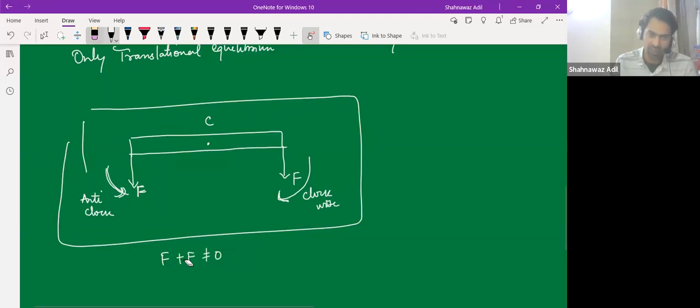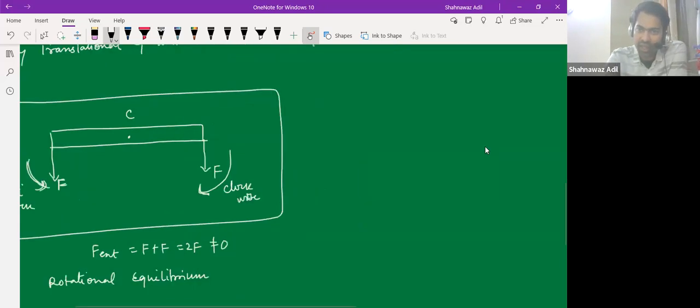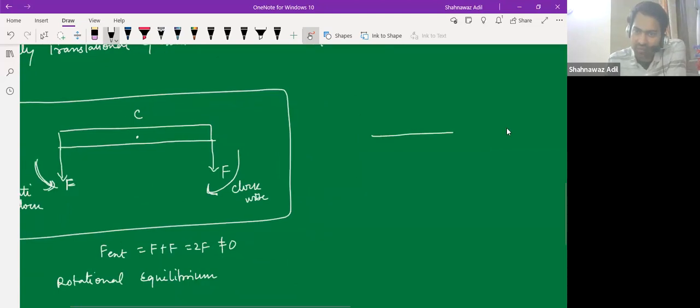Or if I calculate F external, so F external would be F plus F, which is 2F. So that is not equal to 0. So this is the example of only rotational equilibrium, right?